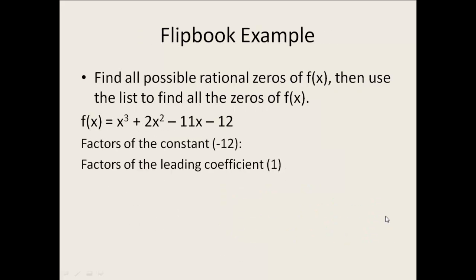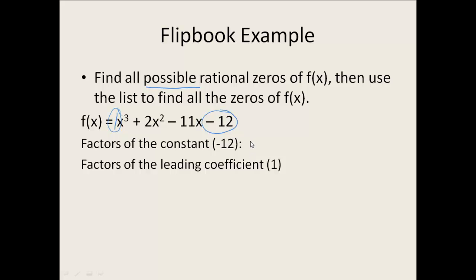Alright, so here's the first example we're going to do. Find all possible rational zeros of f of x, then use the list to find all the zeros of f of x. So the first thing we need to do is find the list of possible ones. Now, as I look at this, my leading coefficient is 1, and my constant term is that -12.